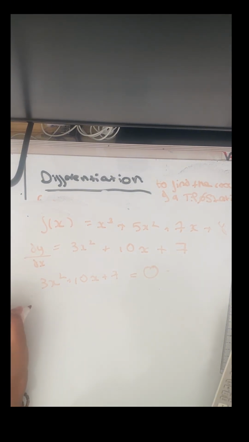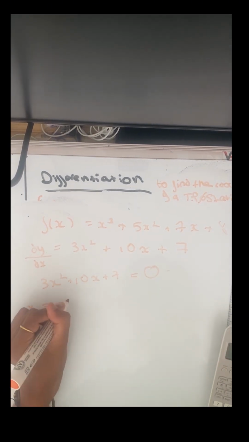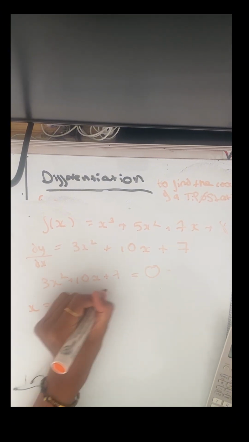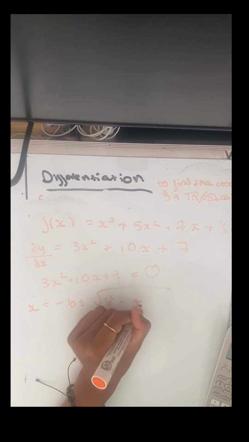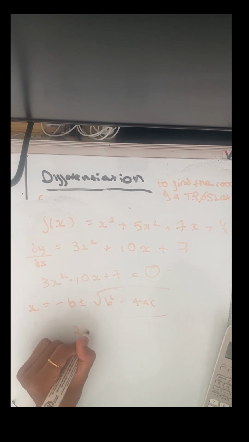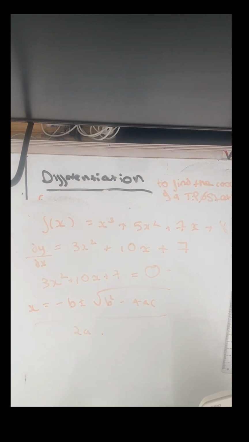So x is equal to minus b plus or minus the square root of b squared minus 4ac over 2a. Oh my gosh, this calculator, it's so dead.